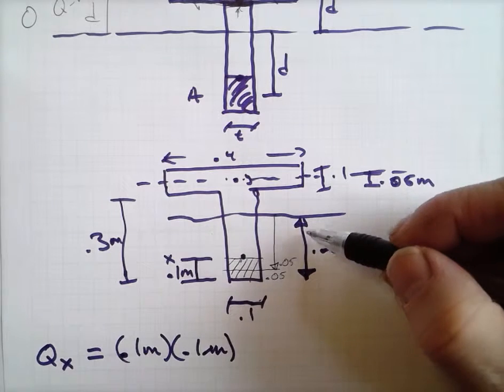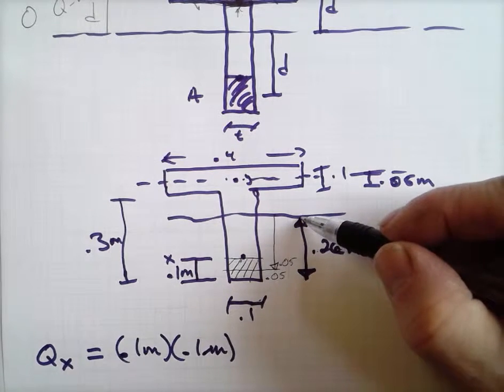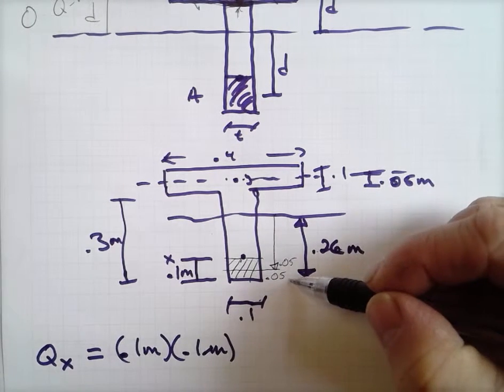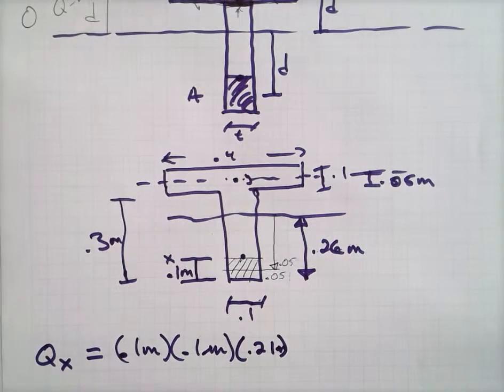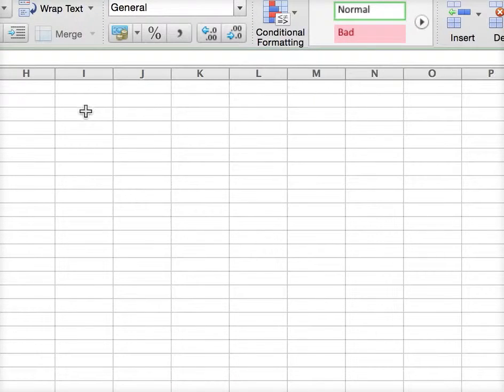I think I can say, well, 0.26 is from the centroid to the bottom, come up 0.05, and we would have 0.21 meters. Equals 0.1 times 0.1 times 0.21.